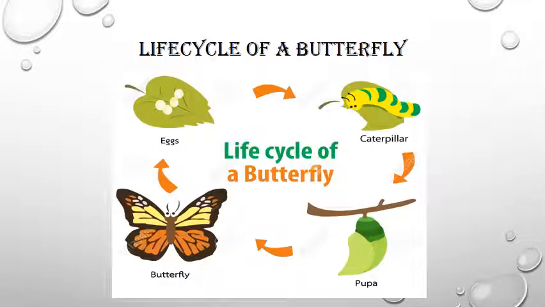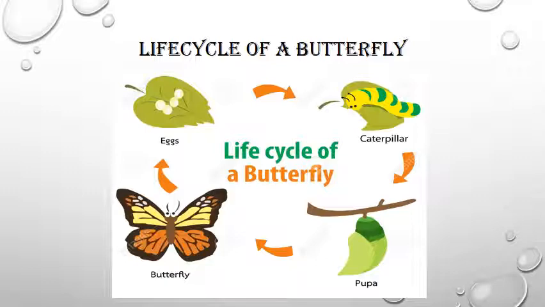Now we have to understand the life cycle of an insect. We will take the life cycle of a butterfly. Butterflies and frogs both show a special kind of life cycle with distinct changes. At every stage of their life cycle they have certain changes.